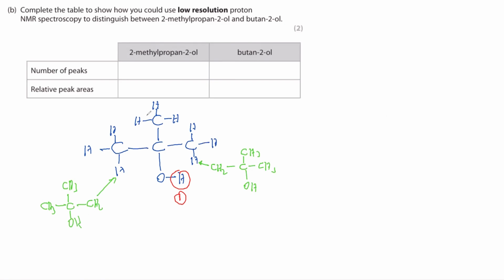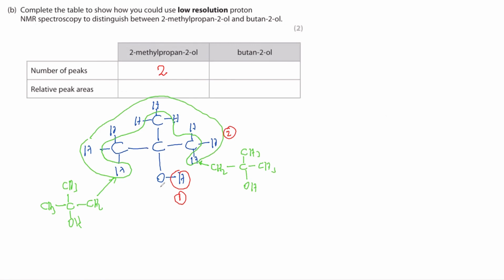So if you do the same thing for all these 9 hydrogen atoms, you will see that they are in the same environment. All these 9 hydrogen atoms are in the same environment. So that's my second environment. Right. Number of peaks, since this molecule has 2 types of hydrogen, will be 2.